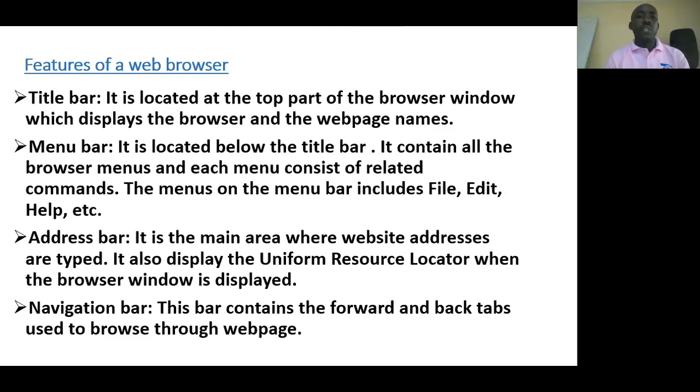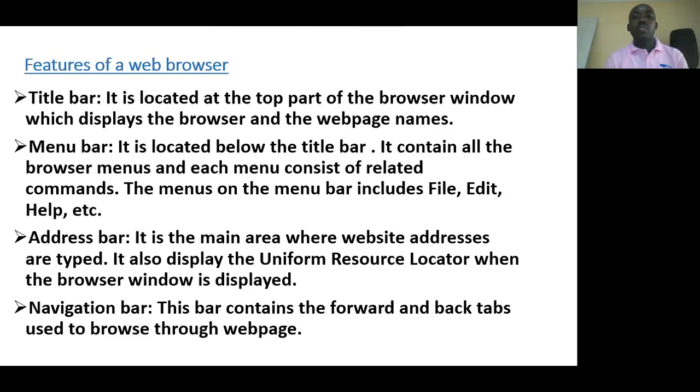The next feature has to do with the address bar. It is the main area where website addresses are typed. It also displays the uniform resource locator when the browser window is displayed. Our next feature is the navigation bar.